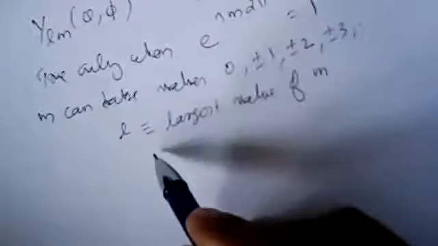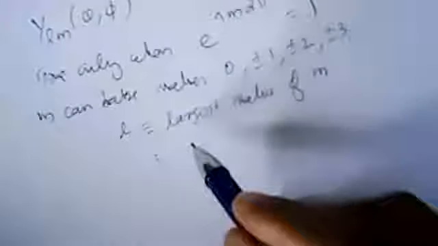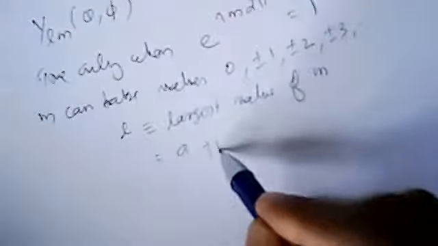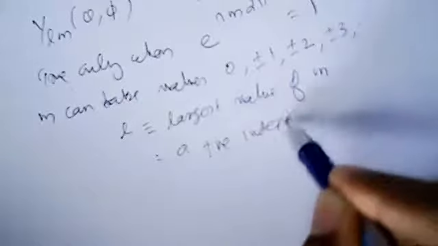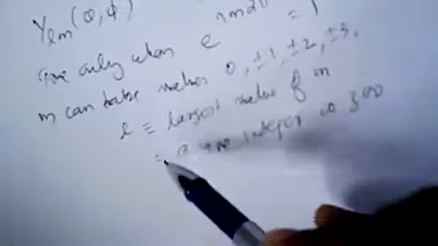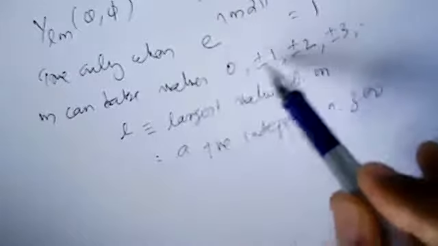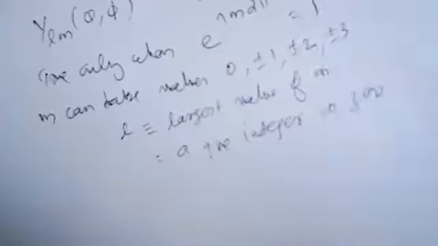So l can be a positive integer or 0, because m values are 0 and plus or minus these things. The largest value of m is l. So we can assume that l is positive or 0, not negative. Negative values are lower values, so maximum value is the positive values. So l value is positive integer or 0.